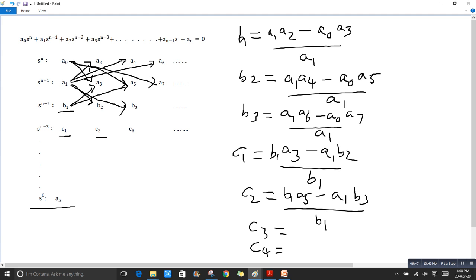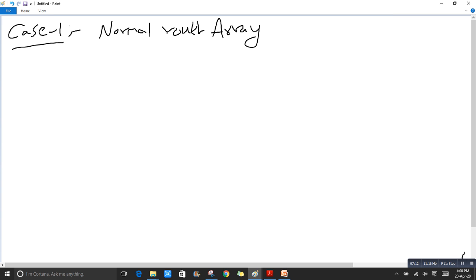The first case, case 1, is the normal Routh array. That means in the Routh array table there are no zero elements, that is, non-zero elements in the first column of the Routh array.